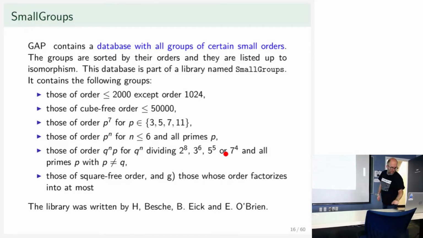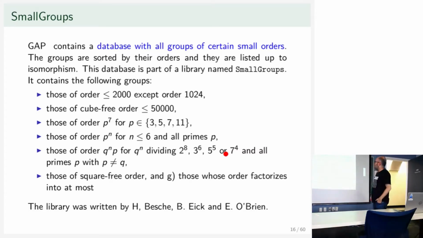Good. So now I'm going to do something more advanced. We are going to see what kind of information GAP has. In particular, something really useful that GAP has is a database with all groups of, say, small order.